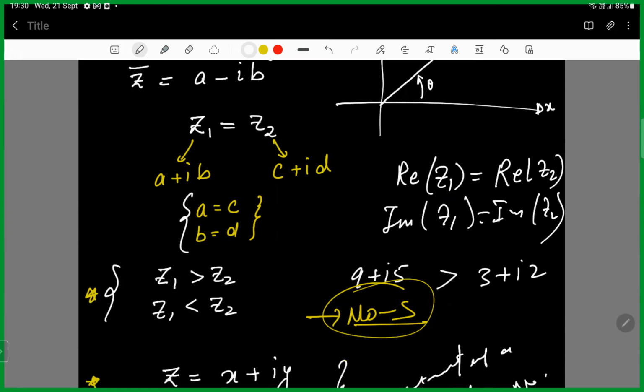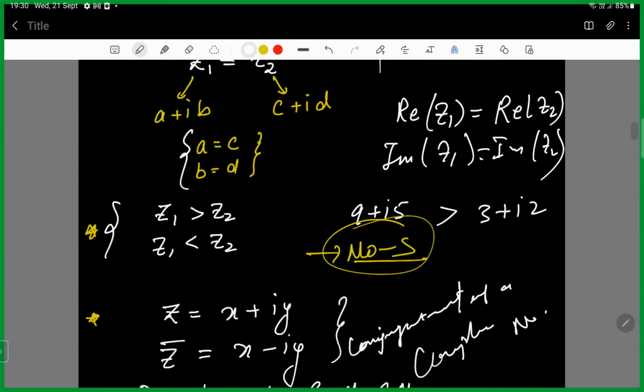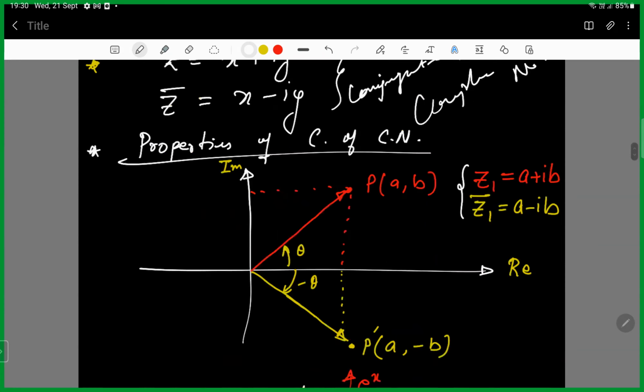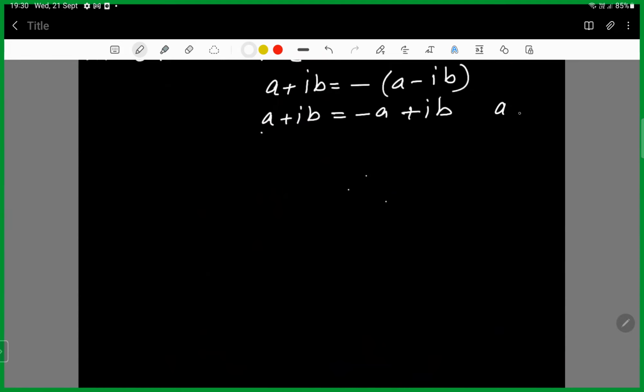But we also know from arithmetic that a and b both belong to real numbers. So a real number and its negative cannot be equal. -1 cannot be equal to 1, -7 cannot be equal to 7. That means it has to be 0. That's the only possible solution.